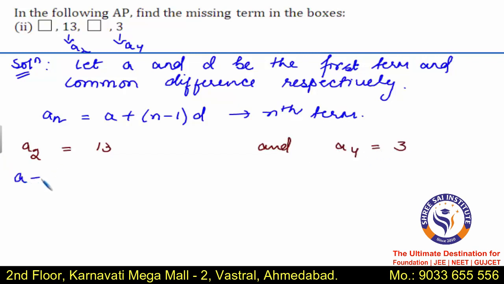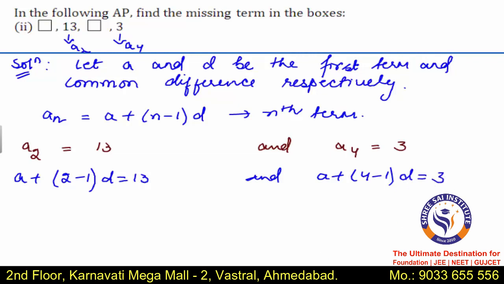Therefore, we have A plus 2 minus 1 into D is equal to 13 and A plus 4 minus 1 into D is equal to 3. This further implies that A plus D is equal to 13, denoting this by equation number 1, and A plus 3D is equal to 3, denoting this by equation number 2.